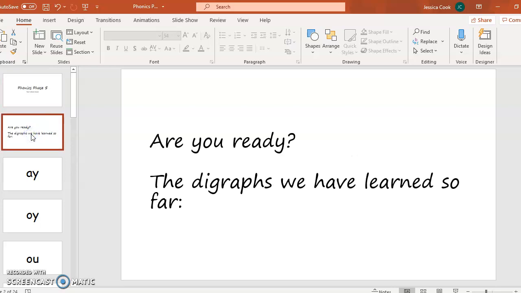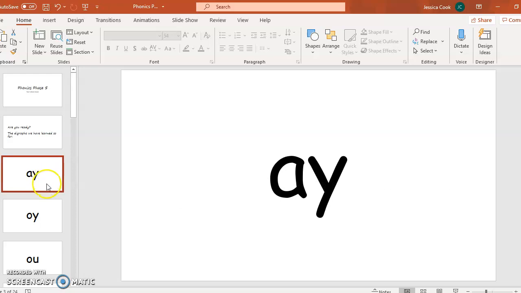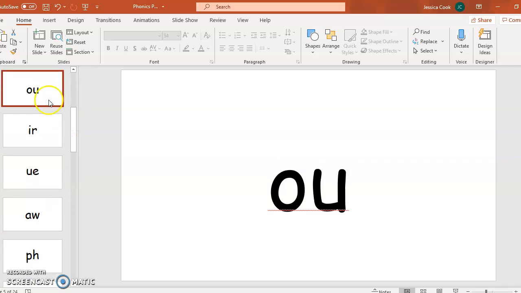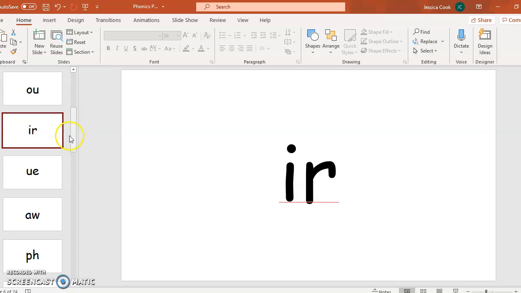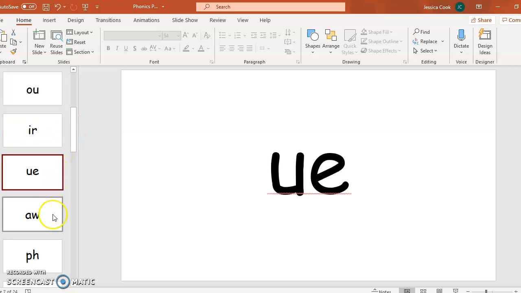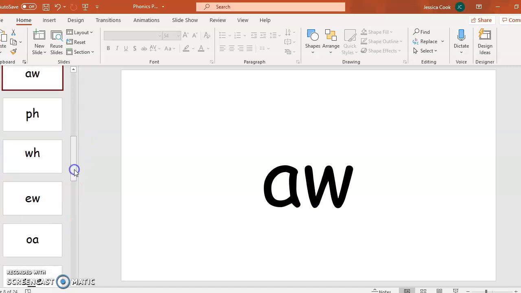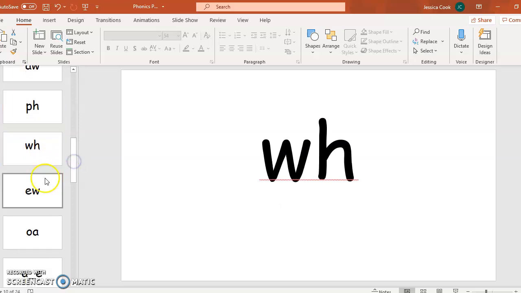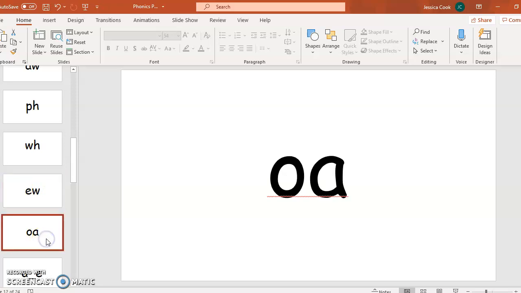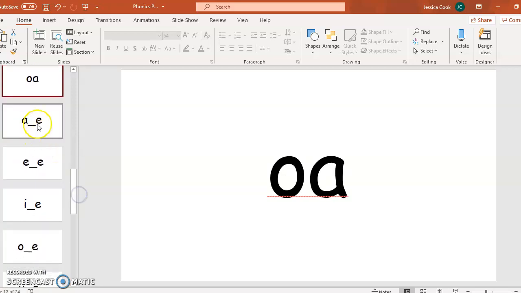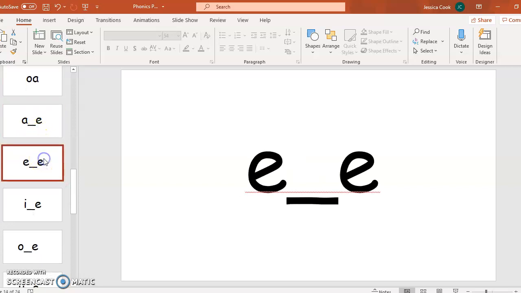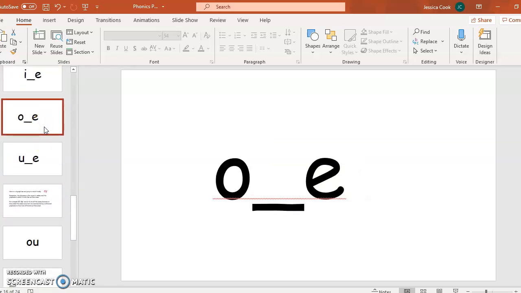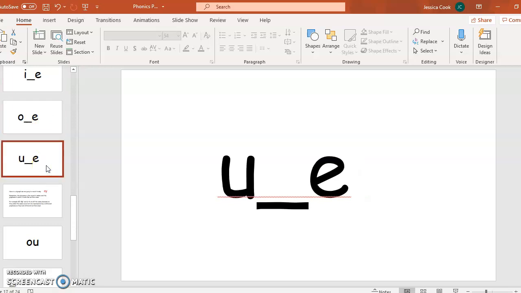The digraphs we have learnt so far: ai, oi, ow, oo, or, oo, o, a, e, i, o, u.